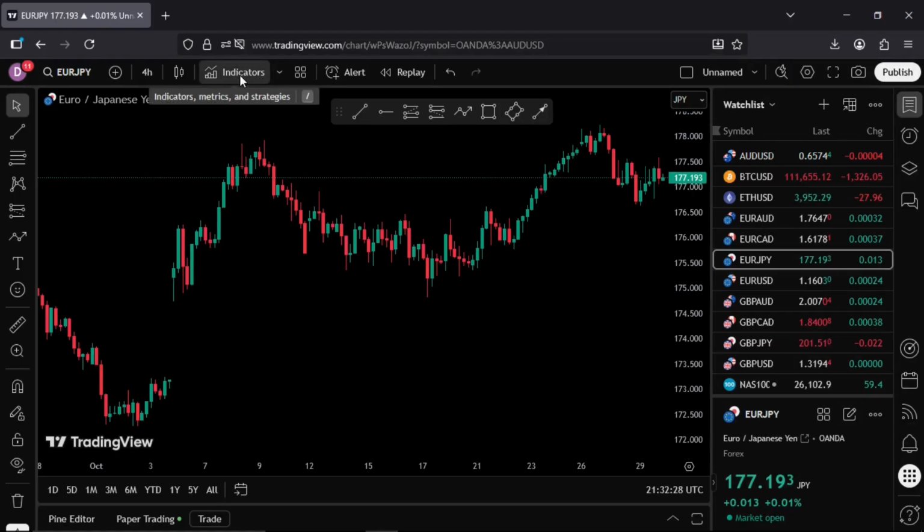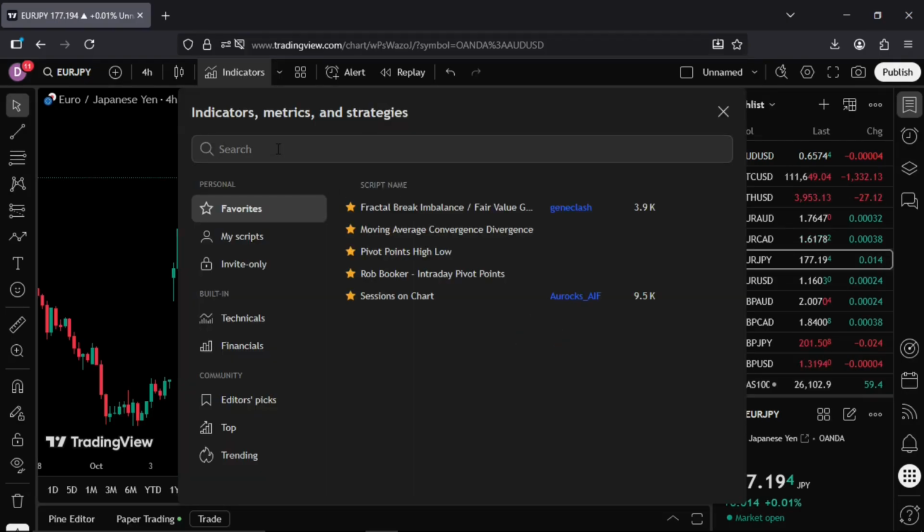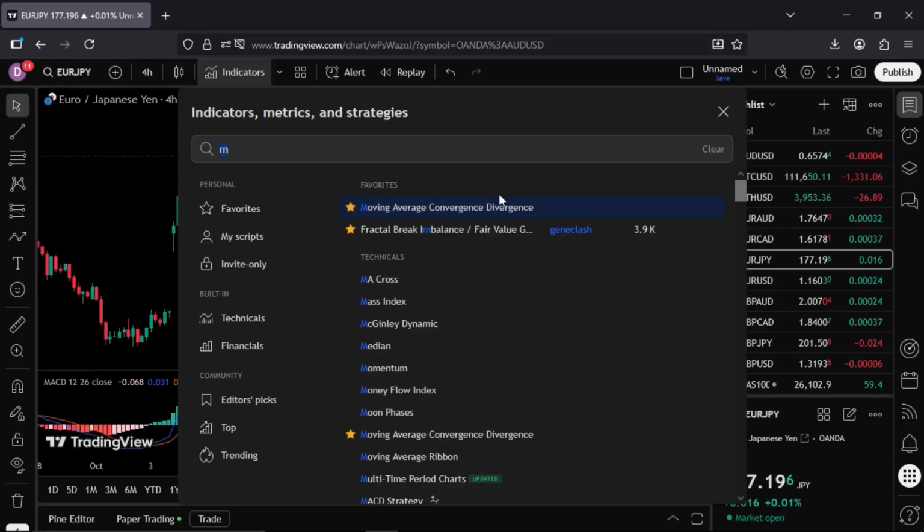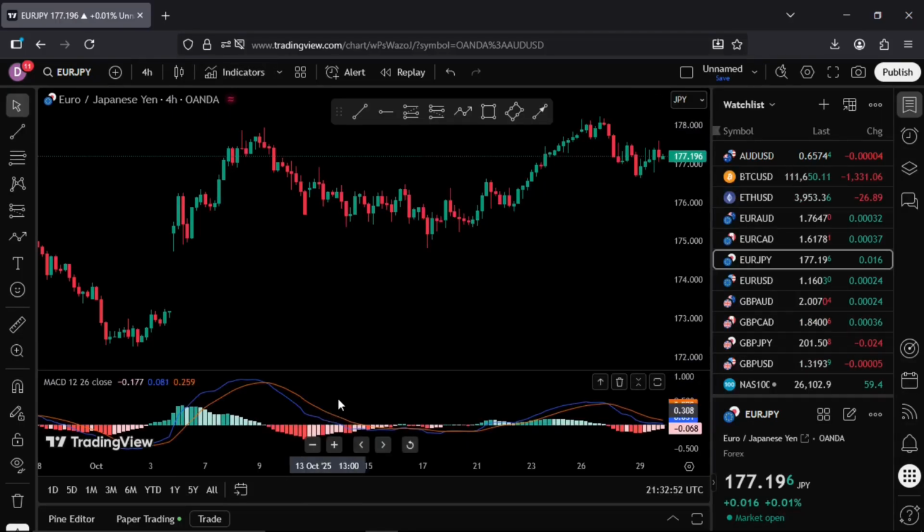You just go right here, where it says indicators, click on that, and then type in moving average. The indicator we're looking for is the moving average convergence divergence, or the MACD indicator. If I click on it, it will add it to the bottom of the chart.